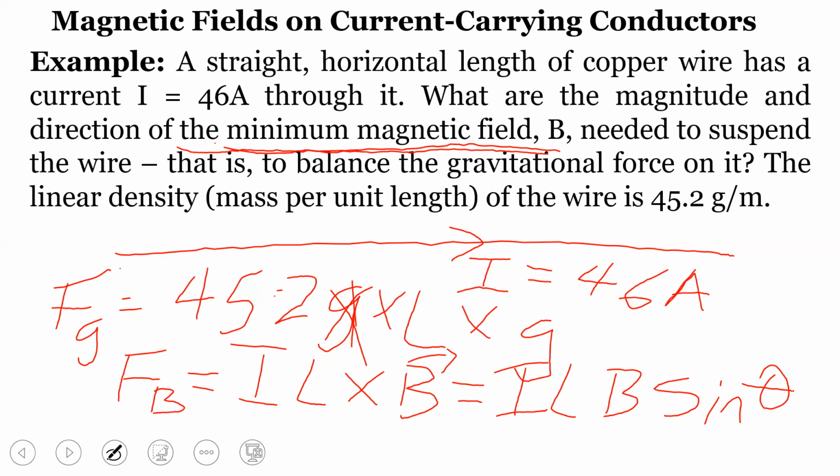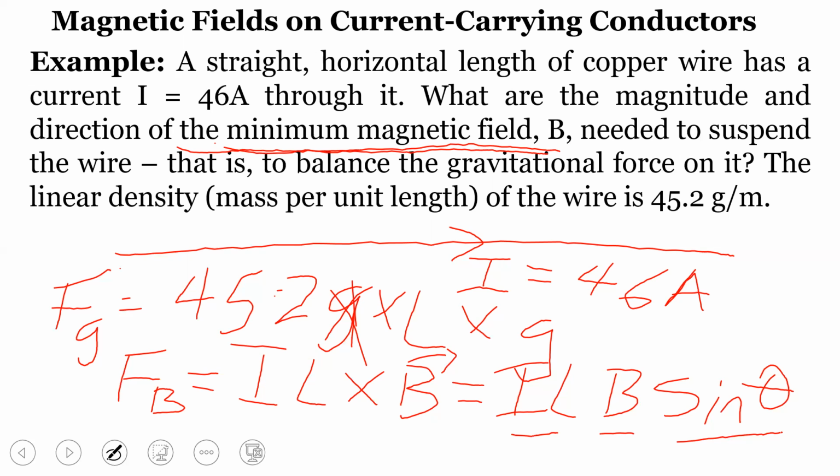So the trick is that I, L, B, and sine theta are multiplying themselves, and I want a scenario where B will be the minimum. Then it's logical to make sine theta maximum, which is 1, that is theta at 90 degrees.